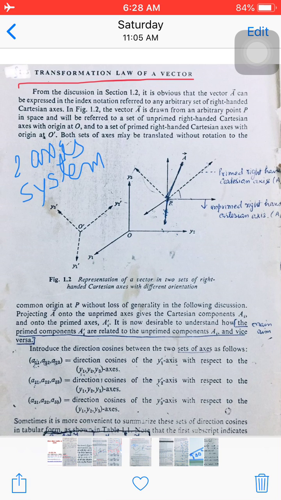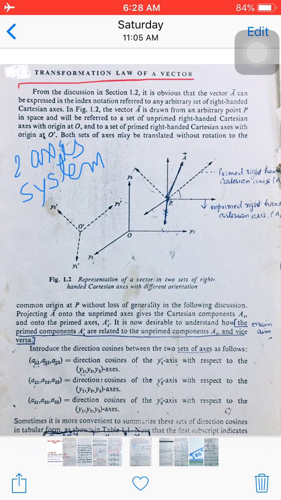We are defining a11, a12, a13, where one is common in all of them. So these are the direction cosines of the y1 dash axis with respect to the y1, y2, y3 axes.